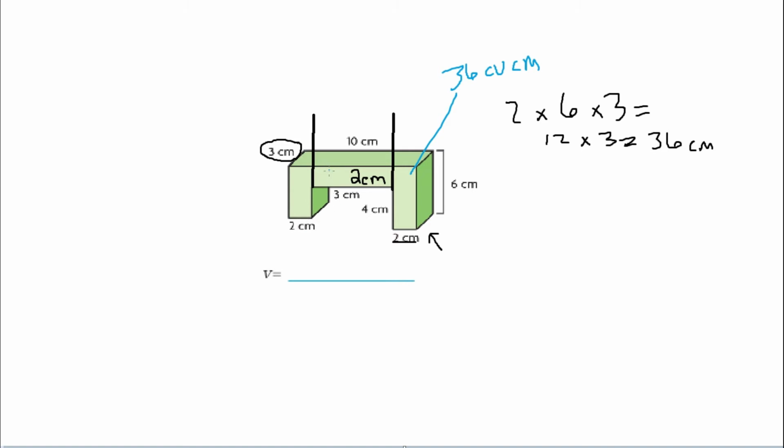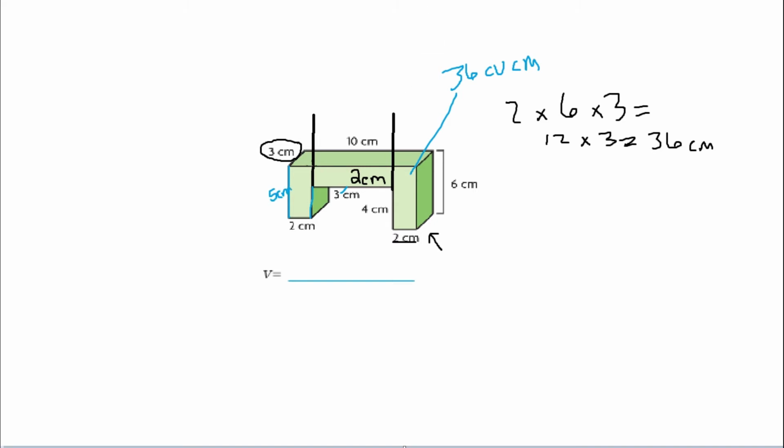So we know that this piece is 2 centimeters. And we know this piece right here that goes all the way up, that's 3. So the importance of knowing, it's like a puzzle, so the importance of knowing this is 2 centimeters is going to help you find out that this whole piece, 2 plus 3, is 5 centimeters.